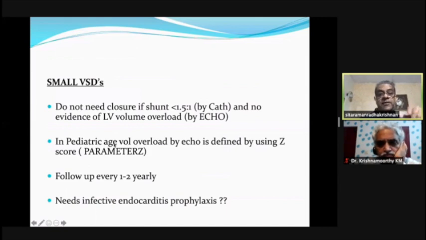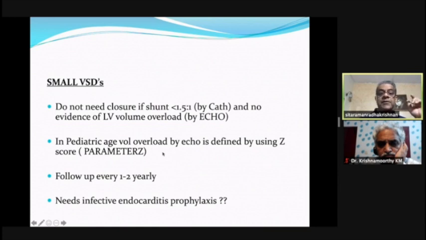I'll come to that again. For small ventricular septal defect, which originally used to be defined as a shunt of less than 2:1, and now they have come to 1.5:1, and no evidence of LV volume overload, typically defined by echo, there is no need to hurry and treat them.